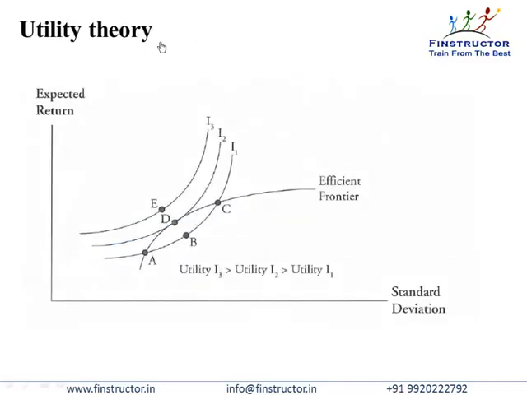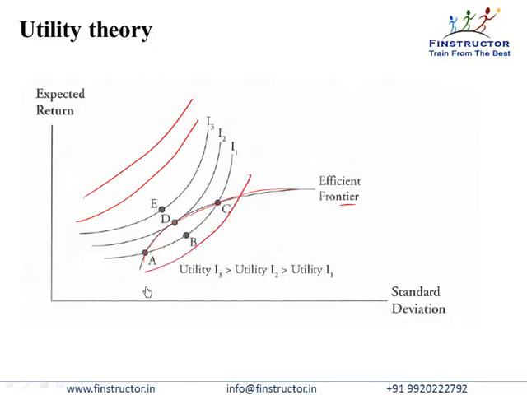Finally, traditional finance says that portfolios are picked according to what maximizes utility or what maximizes satisfaction. So if these were the possible investable portfolios, or if this was the efficient frontier, then I would pick the investment that gives me the maximum satisfaction. Maximum satisfaction, remember, is on the highest indifference curve.